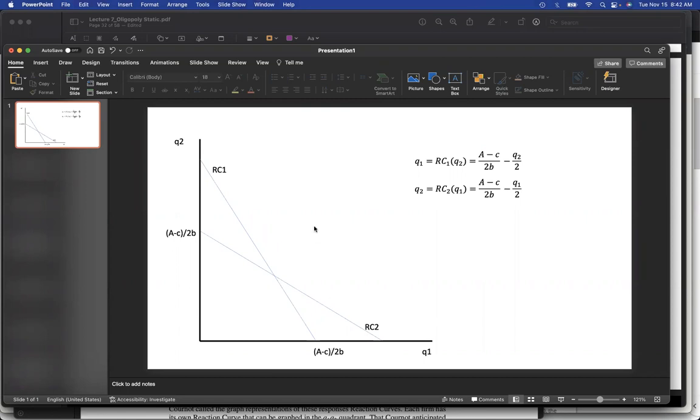Now, I will remind everyone, ano yung demand function natin? Demand, inverse demand, I should say. Yes. P equals A minus BQ. Okay, so that's the inverse demand curve.